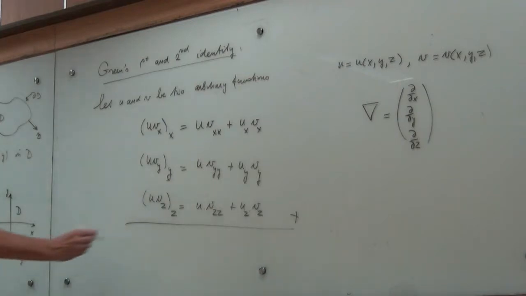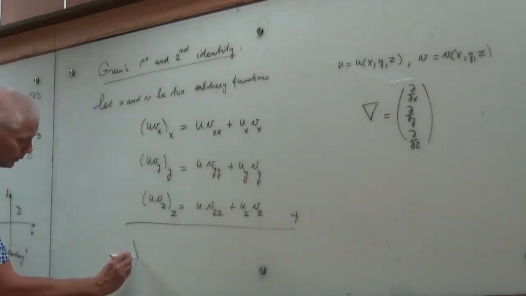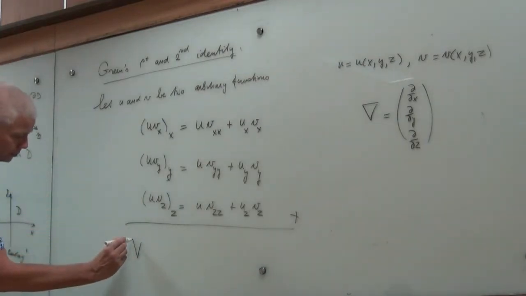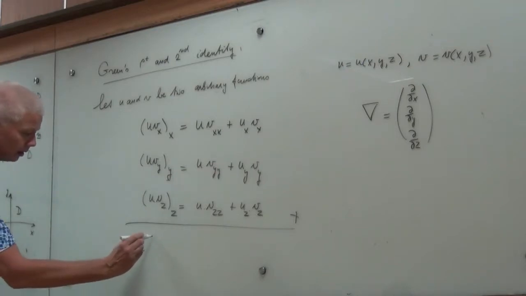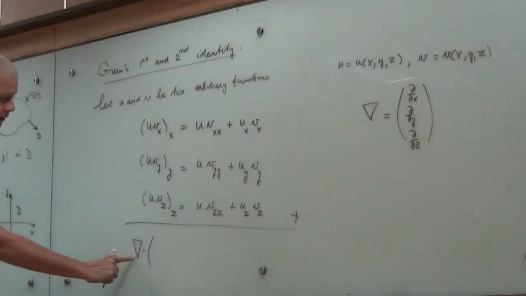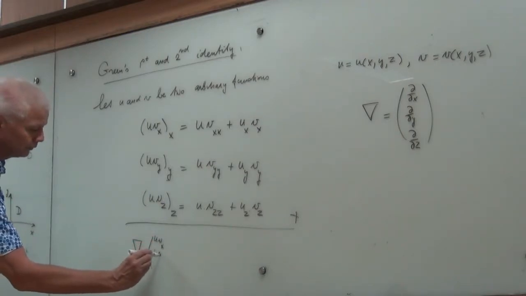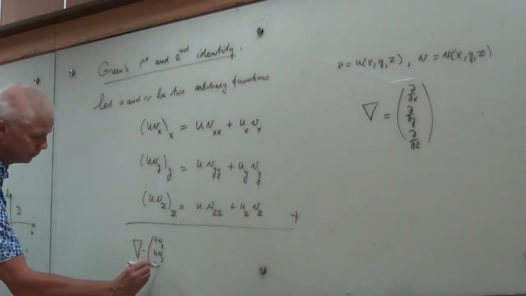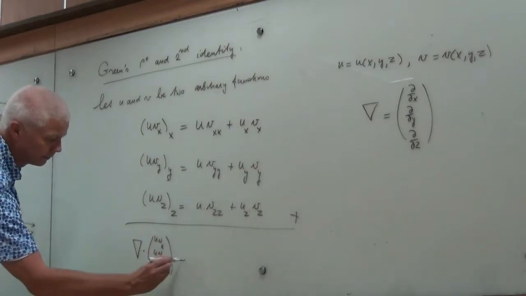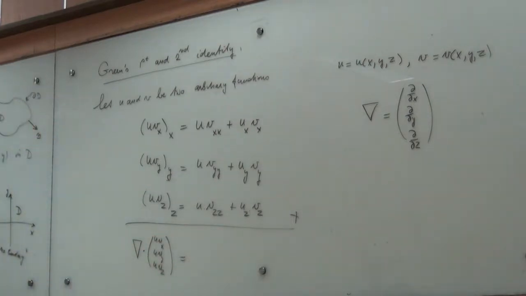Or the gradient, if you would like to call it that. So I can write this in the following way. If I add those 3 components, I get the inner product of the Nabla operator with the vector U Vx, U Vy, U Vz.